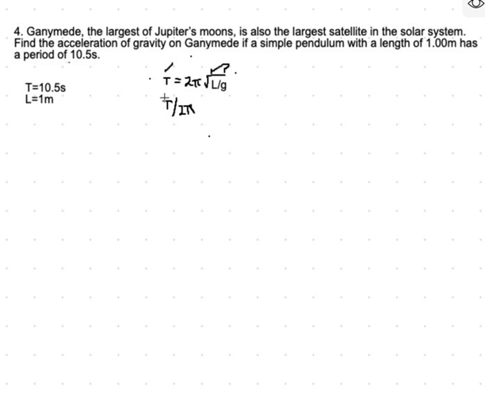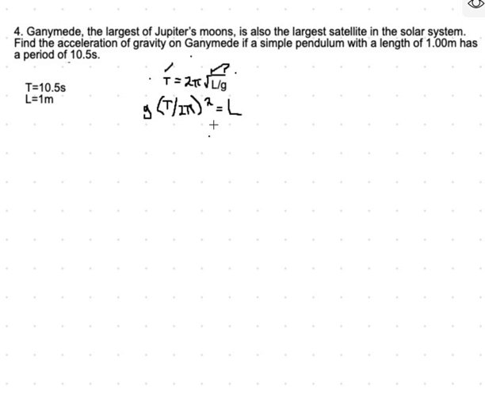Next, I'm going to square both sides to get rid of that square root, giving me T divided by 2 pi, squared, is equal to L divided by G. Then, right now G is on the bottom of a fraction and we don't want it there. So I'm going to multiply both sides by G to bring it over here, giving me G times (T divided by 2 pi) squared is equal to L.